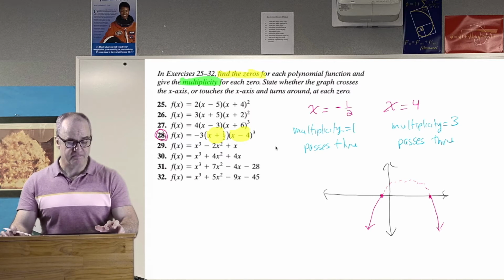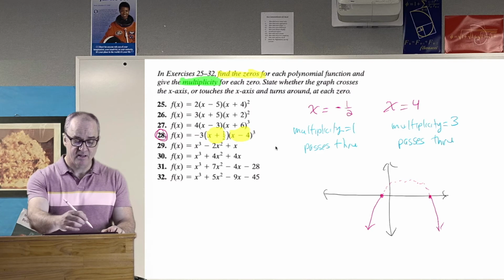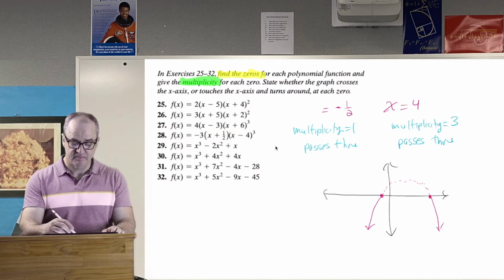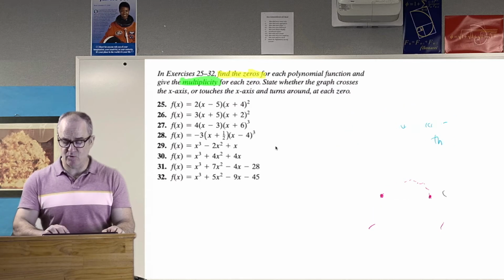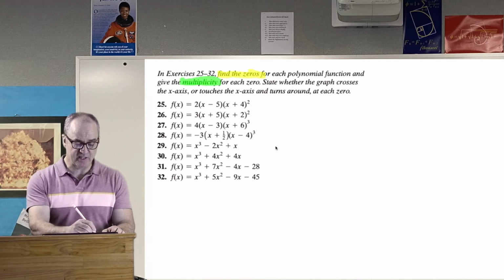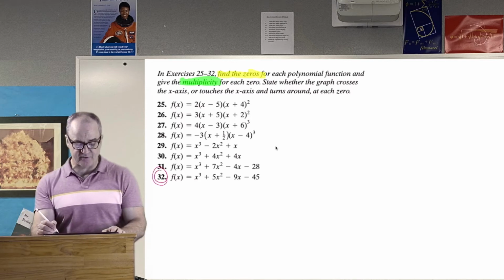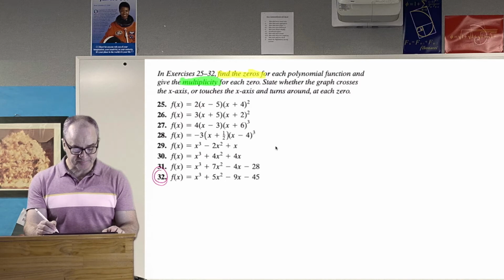So now, Eliana also asked about number 32, which requires barely any more work, just a little bit of factoring first. On 32, the trick is they didn't give it to us in factored form. So we have to see if there's a way to factor that.